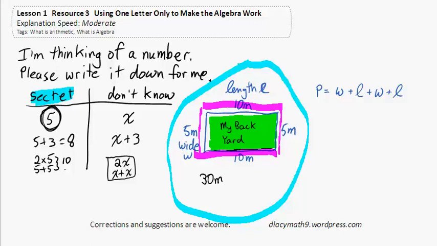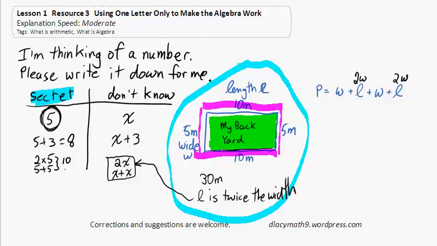And I also want you to know that the length is twice as long as the width. We usually write it this way. In fact, that's what this is about. If I say that the length is not going to be represented by L, but twice the width, then let me rewrite this.